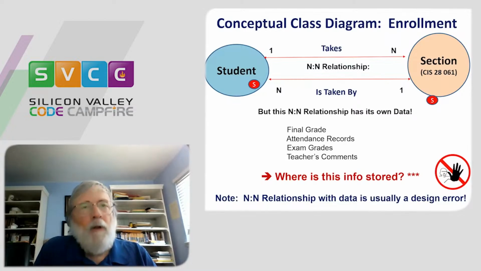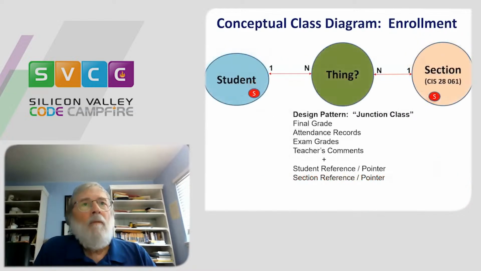So what do you do? You use a design pattern. And a design pattern that we're going to use in this particular instance is the junction class. A design pattern is known to software architects, and this is one of the common design patterns that is used in dealing with this particular type of architectural problem.